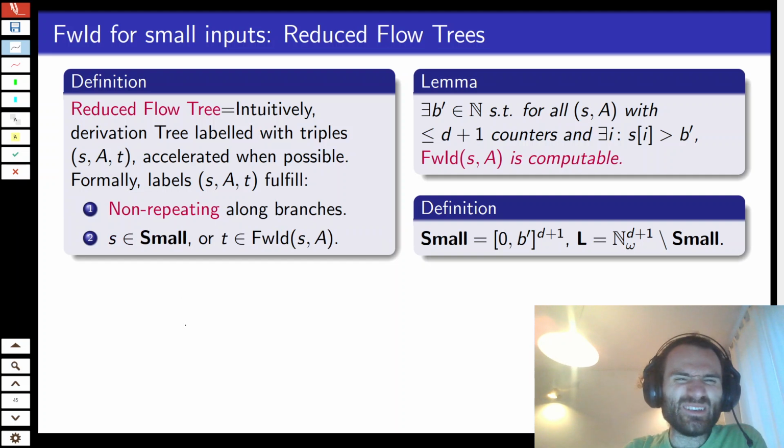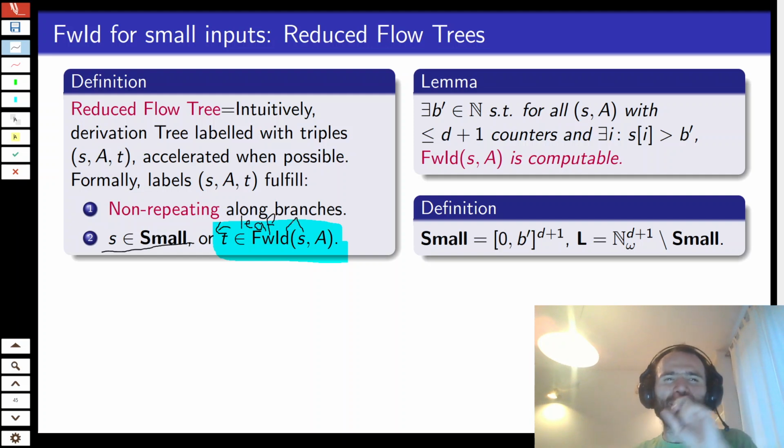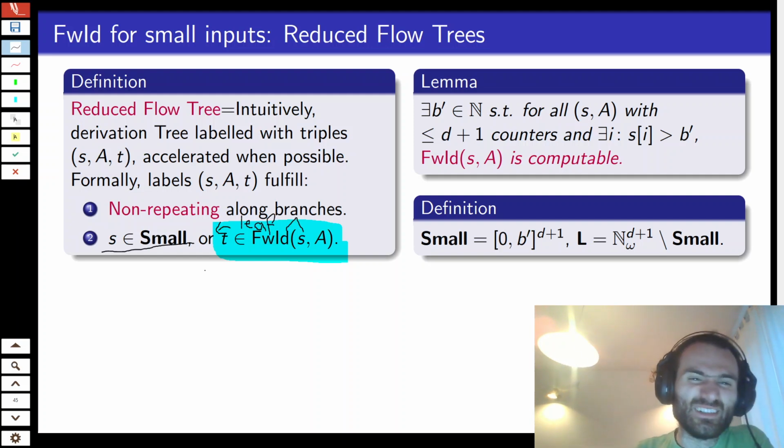Then secondly, we need that all the sources are supposed to be small. Or if the source is not small, if the source is large, then we want to compute forward ideal immediately. So then we want that this is a leaf. I didn't write it, but it is a leaf and t is in forward ideal.